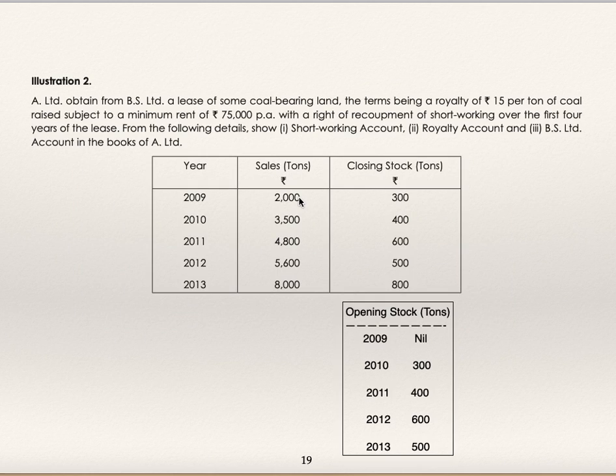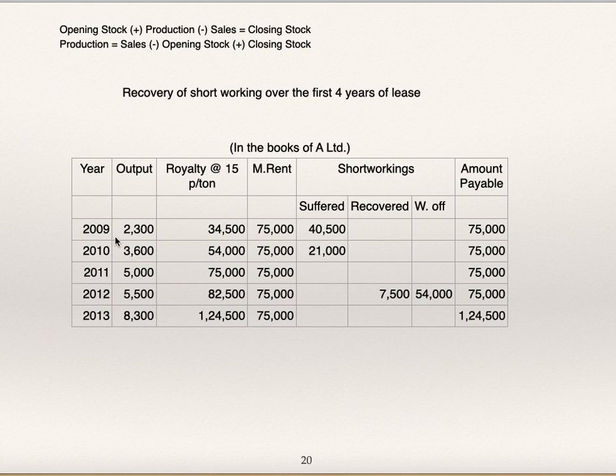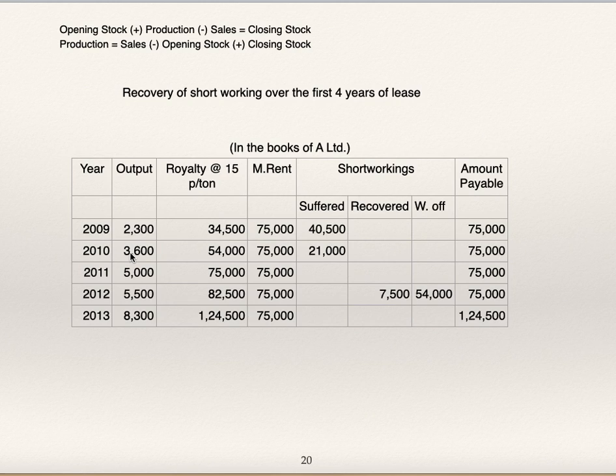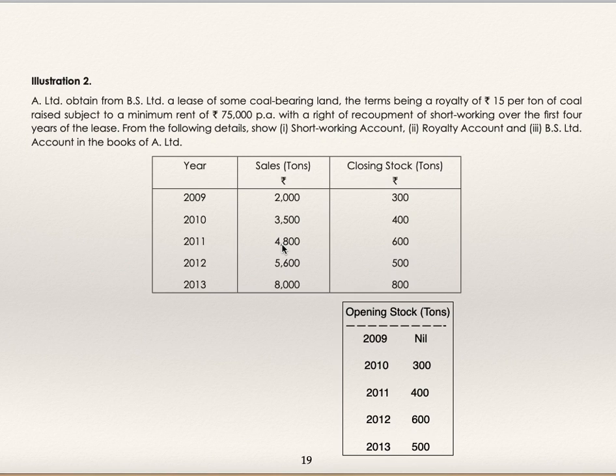Sales plus closing stock, 2000 plus 300 minus 0. So for the year 2009, output is 2300. 2010, 3500 plus 400 minus 300, 3600. 4800 plus 600 minus 400. 5600 plus 500 minus 600. 8000 plus 800 minus 500.